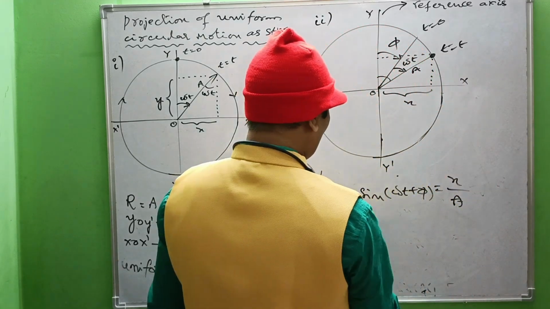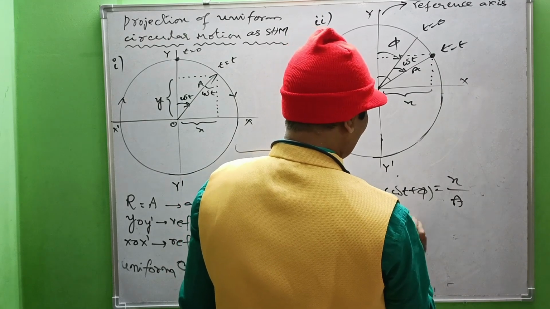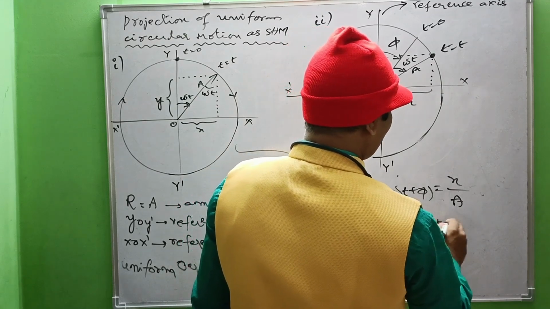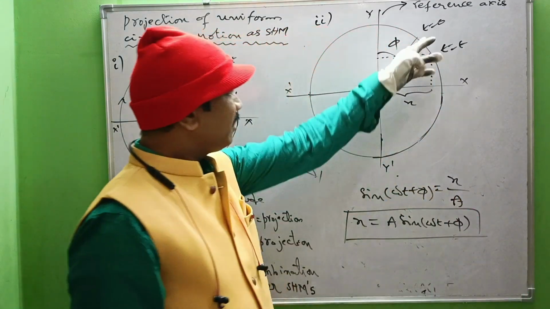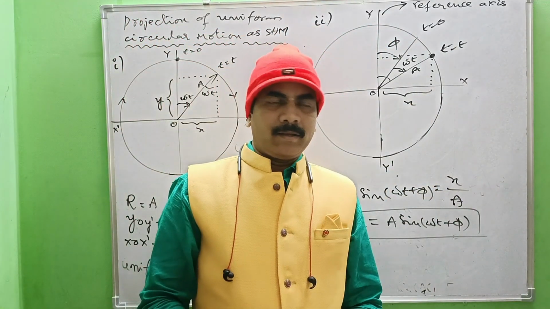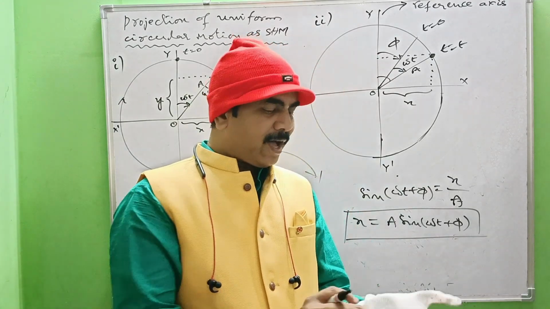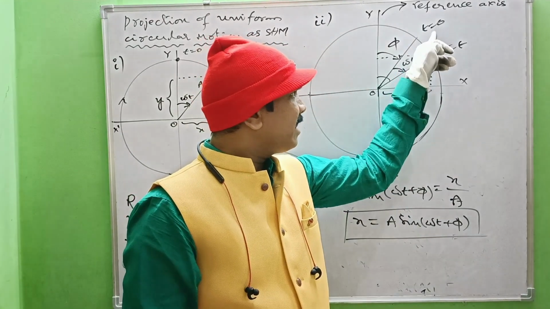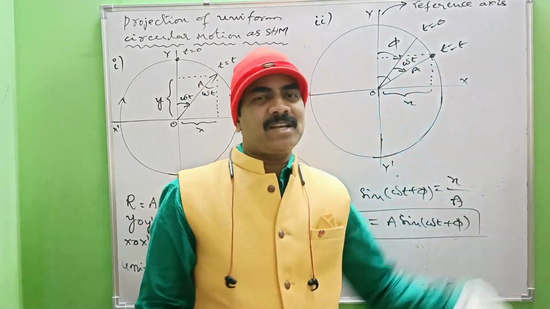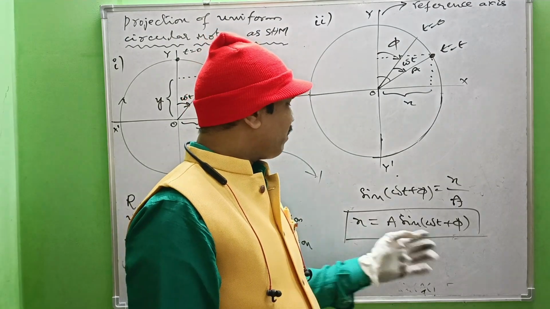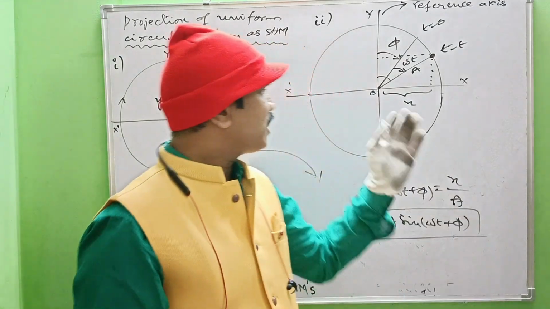So x equal to a sine of omega t plus pi. This is the valid expression for this situation. What is that situation? If the particle lies in the second quadrant at the initial instant and at a later instant, then the valid expression is x equal to a sine omega t plus pi.